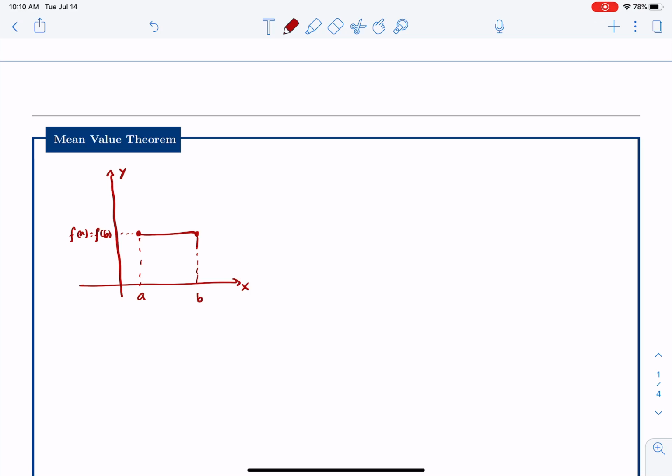Then no matter what point I pick, let's say I have point c there, then the derivative f prime of c would be equal to 0 because this is a constant function. So if you take the derivative of a constant, you will get 0.